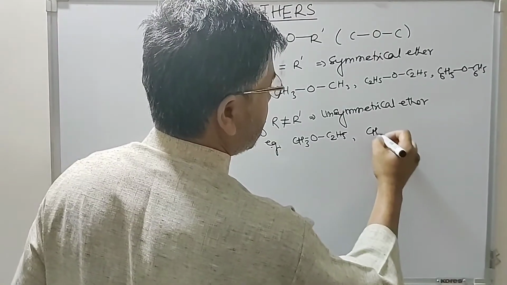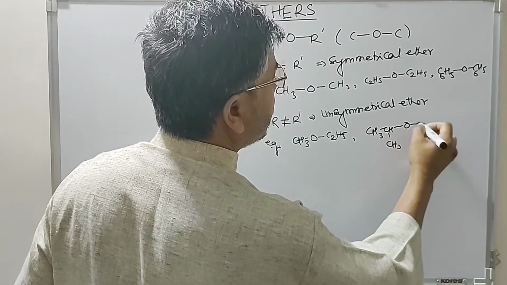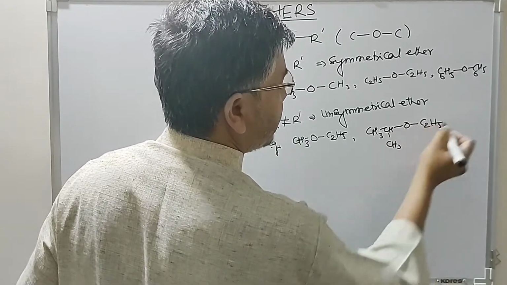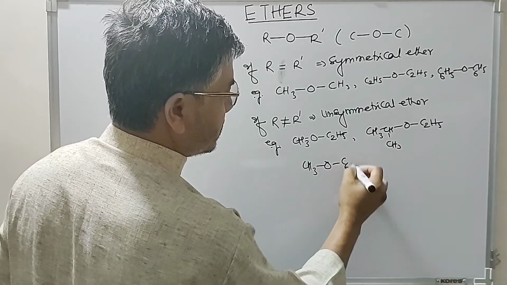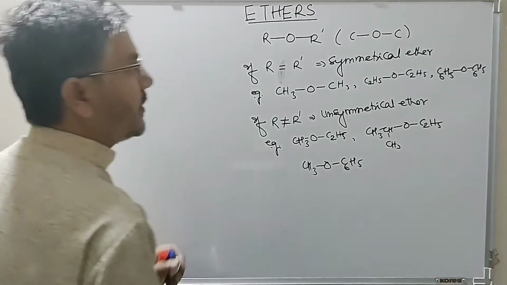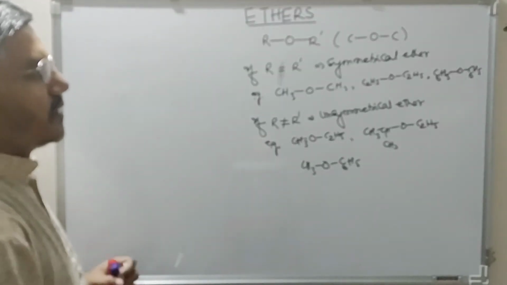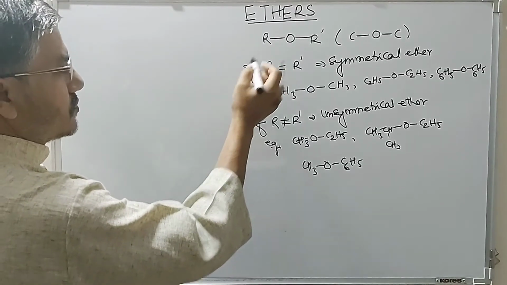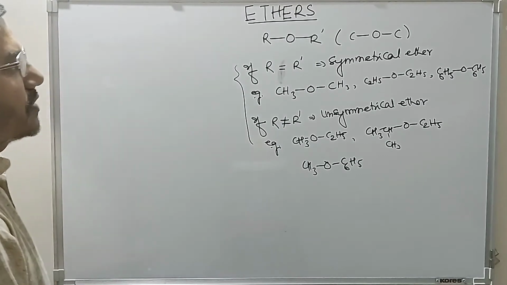We can also have CH3, CH3, that is the isopropyl group, with C2H5. Or CH3OC6H5. These are known as unsymmetrical ethers. So, symmetrical ethers or unsymmetrical ethers.